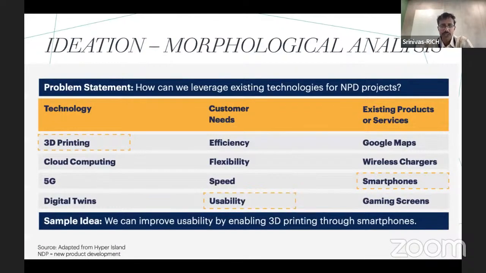A different approach, slightly different and more structured, is the morphological analysis, right? In this case, what we're trying to see is that the problem statement, for instance, is how can we leverage existing technologies for new product development?